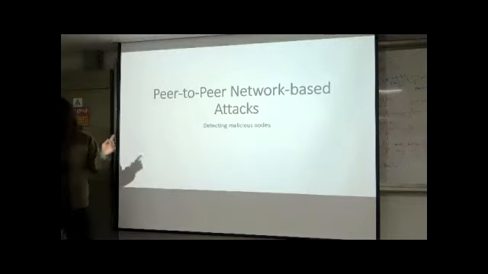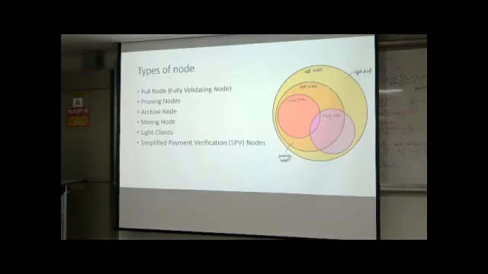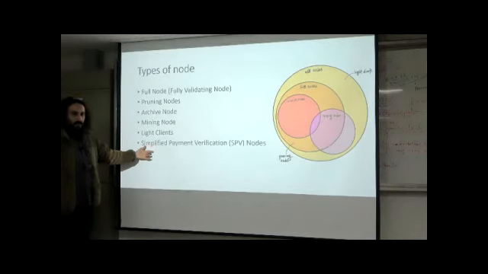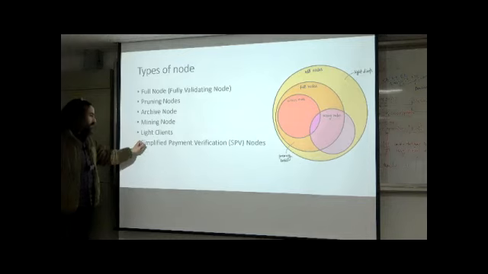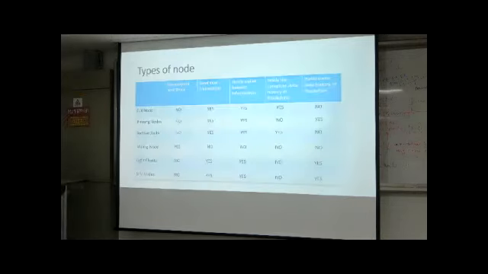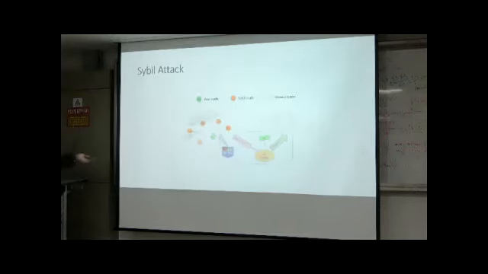Okay. And I think the important thing to detect among network nodes nowadays is in simplified payment verification, because we use it a lot, especially in Bitcoin and Litecoin and Bitcash. Yeah. So when I read the papers, I see how many attacks happen in these nodes or in this area, and I find there is eclipse attack, number 1, and number 2, Sybil attack.